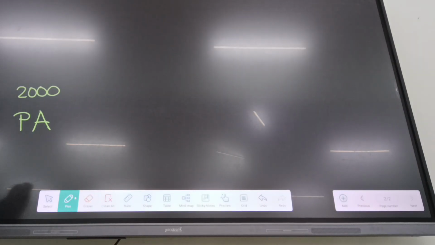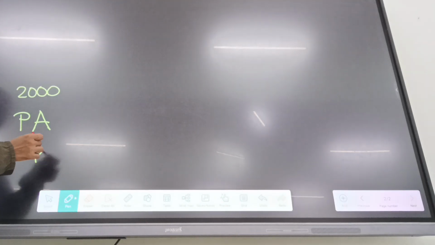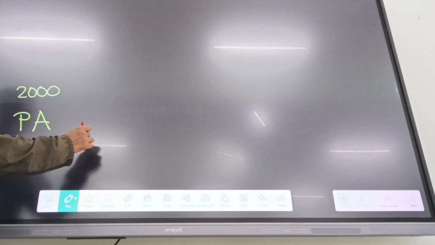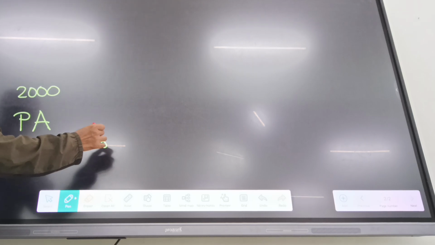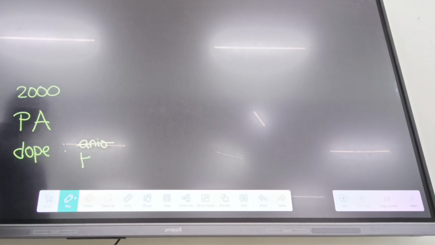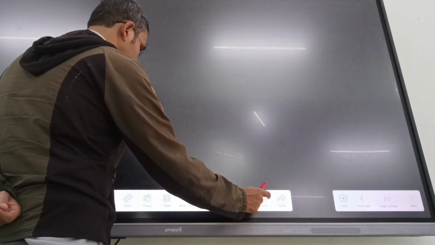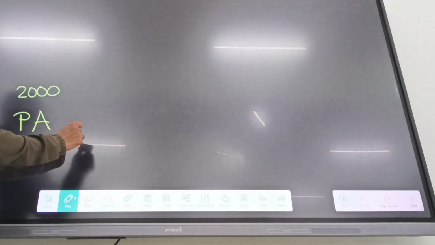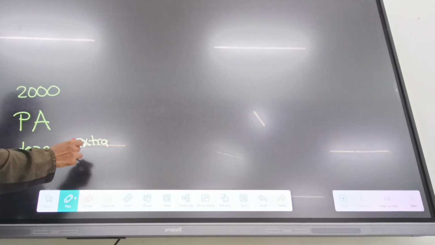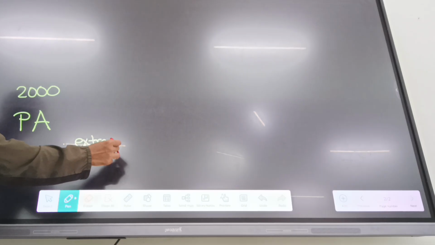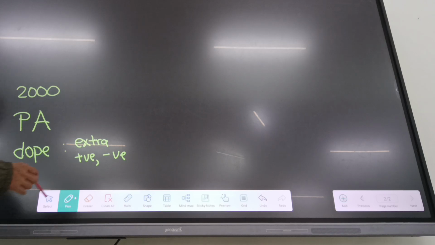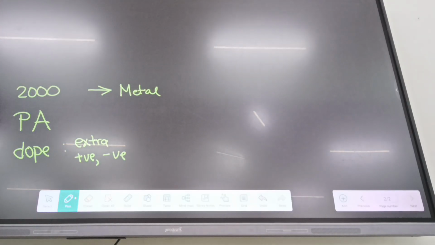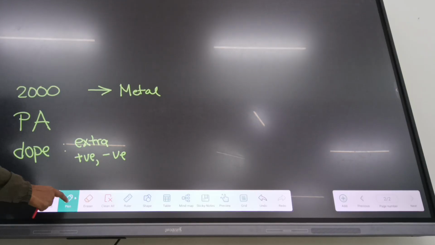In it, it was observed that when doped with some compound, which is written as protonic H plus, or I should say positive and negative charges, extra positive or negative charge, when you introduce it, it starts to behave like a metal.